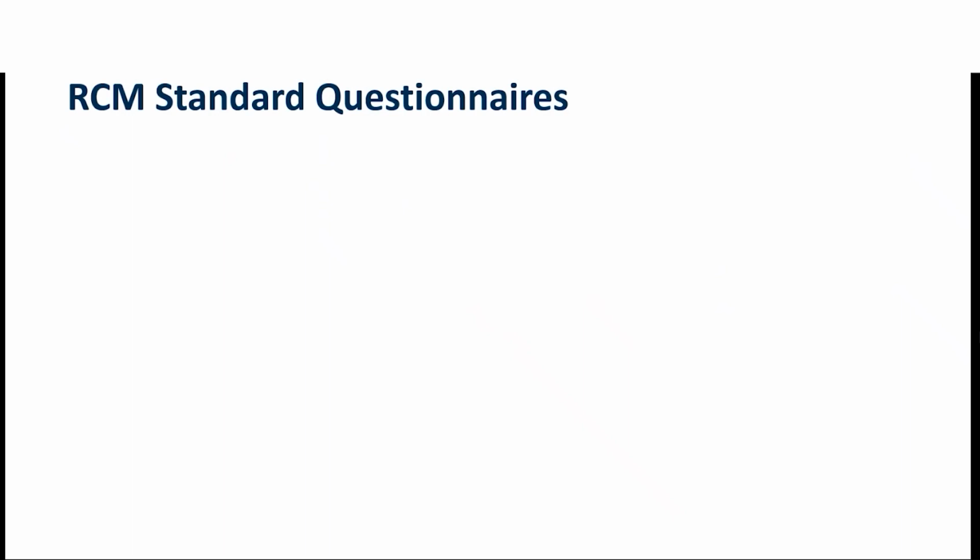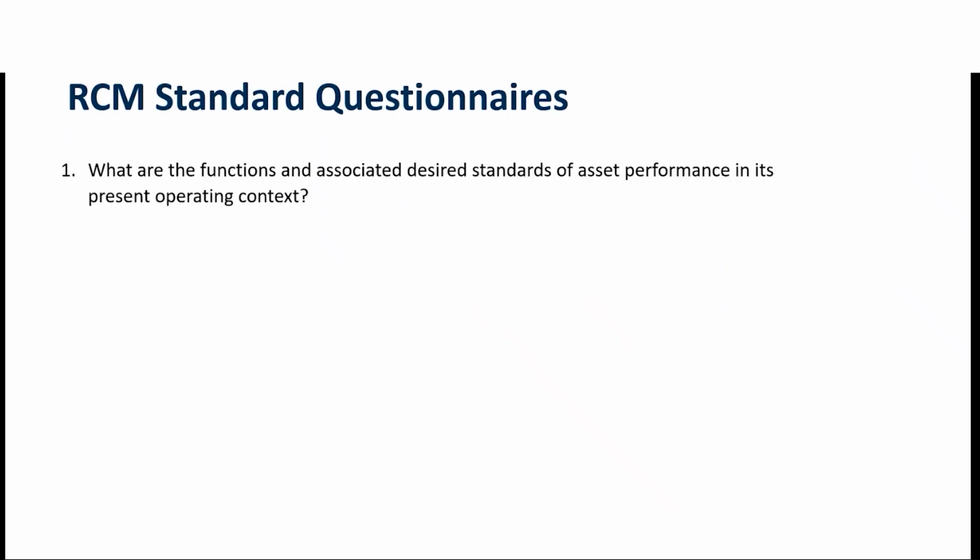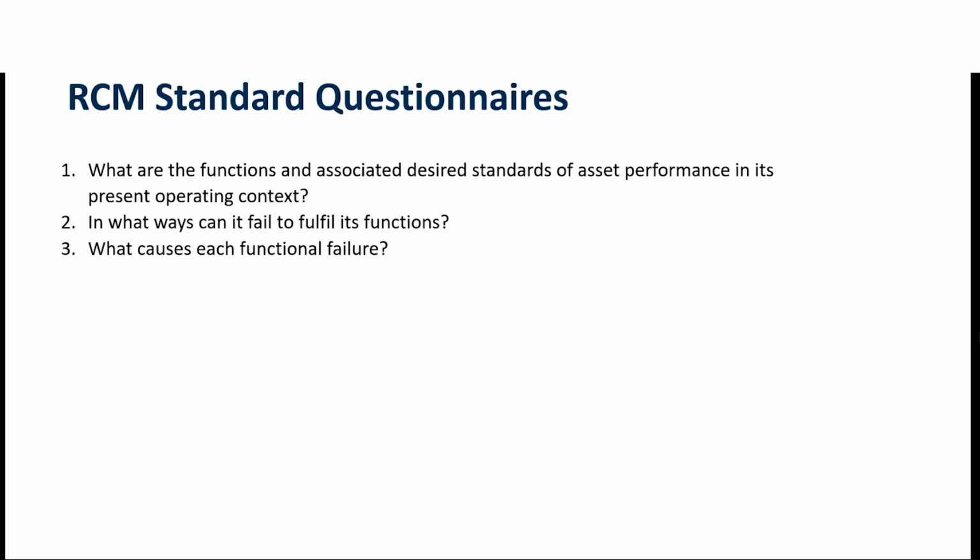There are 7 standard steps for the RCM process. We call them the 7 standard steps or standard questionnaires. What are the functions and associated desired standards of asset performance in its present operating context? Second, in what ways can it fail to fulfill its functions?